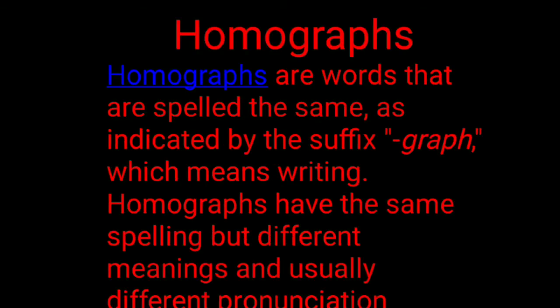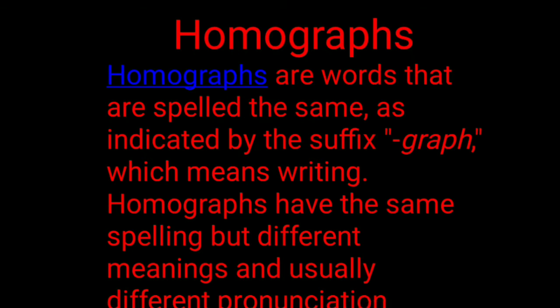So our next candidate to consider is homographs. Again, the same thing. Let's scan homographs and find out what comes out in our scanner. Homographs are words that are spelled the same, as indicated by the suffix graph, which means writing. So homographs have the same spelling but different meanings and usually different pronunciations.